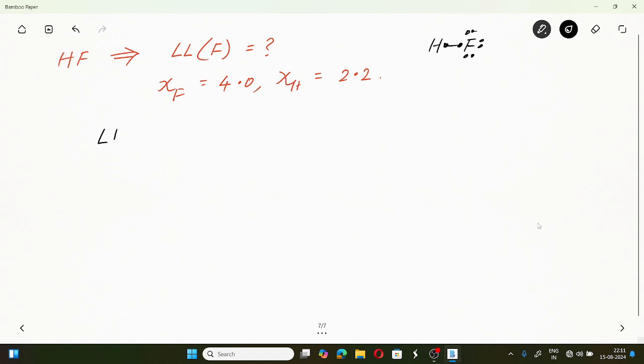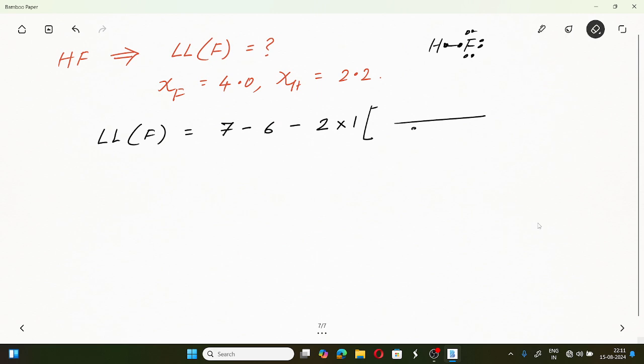So the Lewis-Langmuir formal charge over fluorine is the number of valence electrons over fluorine, which is 7, minus the number of lone pair electrons over fluorine, which is 6, minus 2 into the number of bonds with hydrogen, which is 1, and chi of fluorine, which is 4.0, divided by 4.0 plus 2.2.